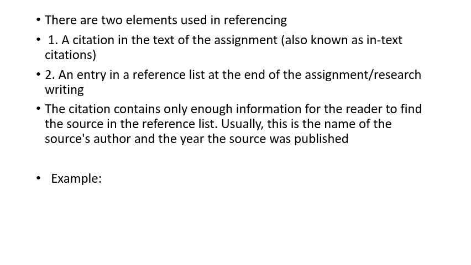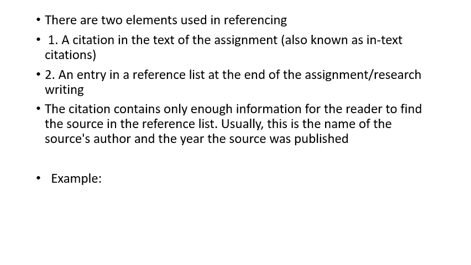So basically, there are two elements used in referencing. One, a citation in the text of the assignment, also known as an in-text citation. We have mentioned this earlier. And an entry in the reference list at the end of the assignment or research writing. So the citation contains only enough information for the reader to find the source in the end reference list.